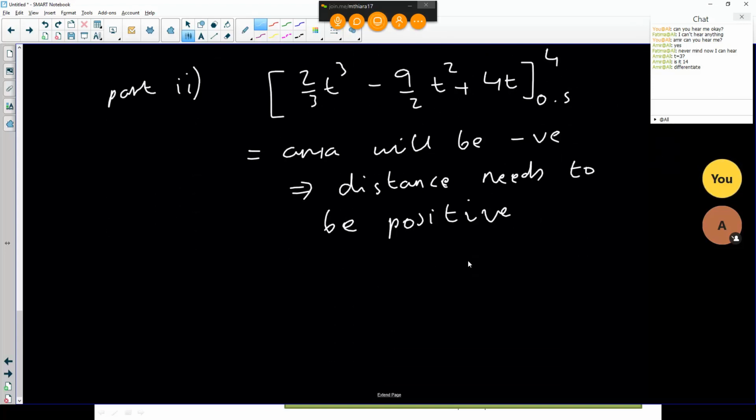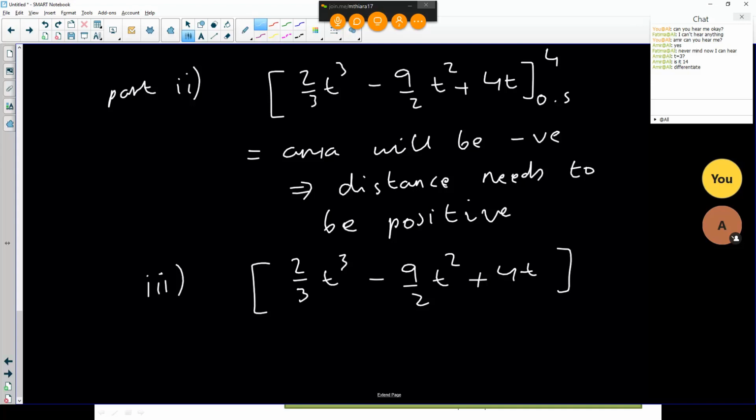And then again in part 3, it's going to be the same integral between 5 and 4, because the upper limit of the distance travelled was 5, and this is the last part of the curve.